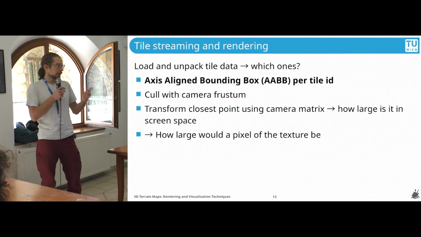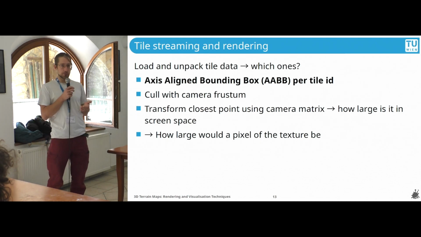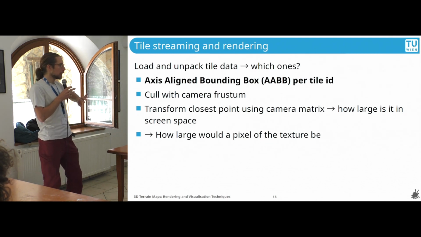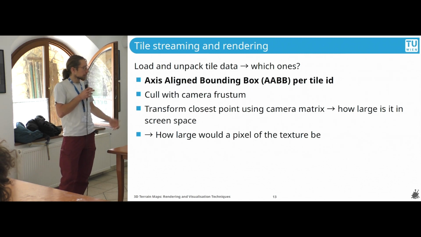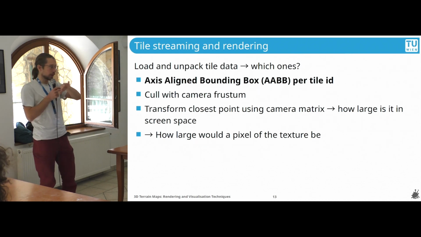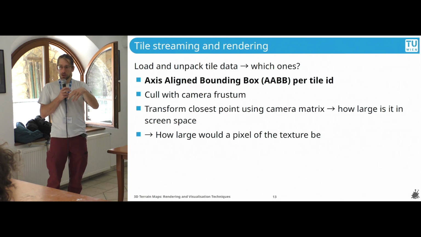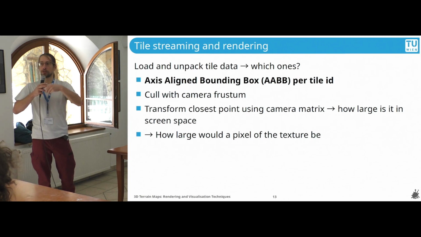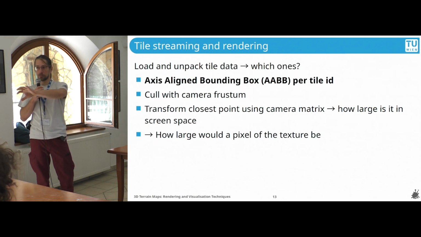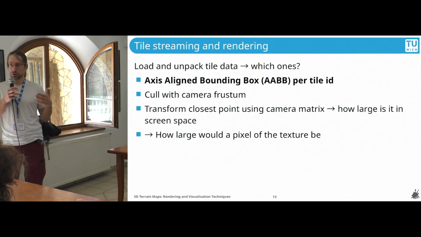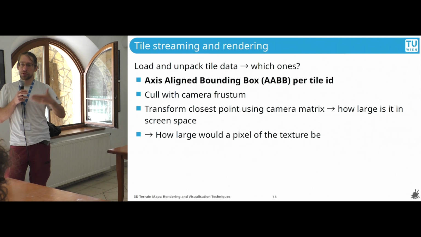Then we can cull this axis-aligned bounding box with the camera frustum. So this means that all tiles that are away from this frustum fall away. Then what we can do is search for the closest point to the camera from this axis-aligned bounding box, transform it using the camera matrix, and now we can tell how large this closest point of this tile looks in screen space. And with each tile we have an associated texture, so this is either the height map or the color map.